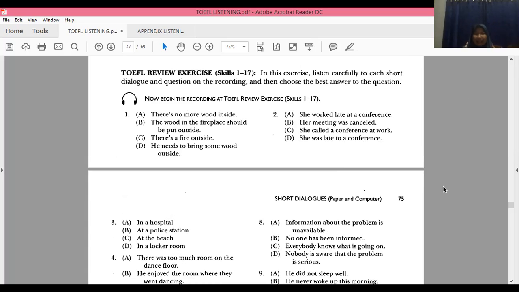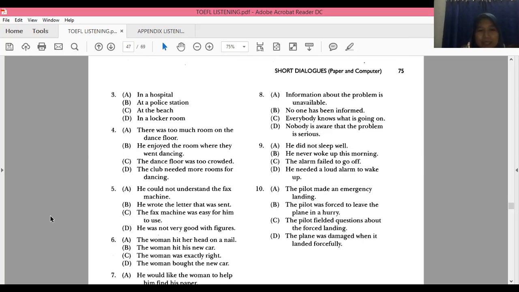Okay, let's have the last checkpoint for TOEFL review exercise. Skill 1 until 17. So yang sudah kita pelajari dari awal: listen for second speaker, kemudian avoid similar sound, find the synonym, listen for who, what, where, be careful, active and passive, kemudian listen for who is doing what, then negative expression, agreement, almost negative, dan yang untrue condition, sampai yang the last one.